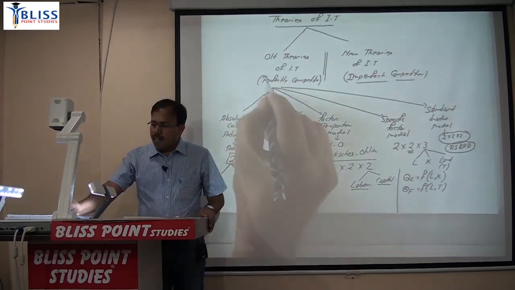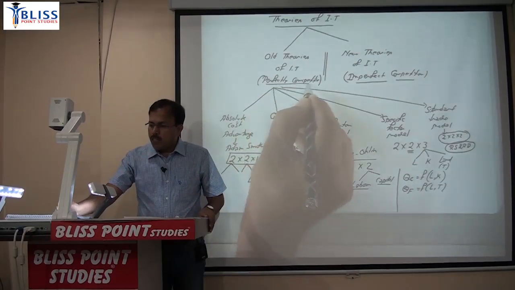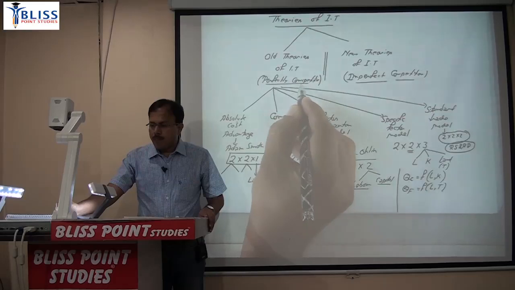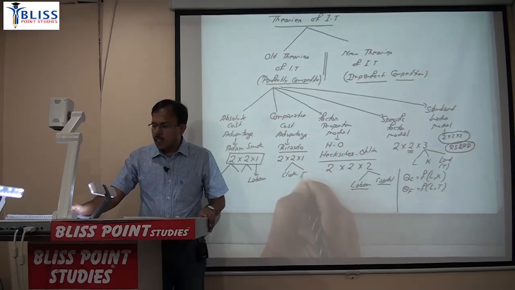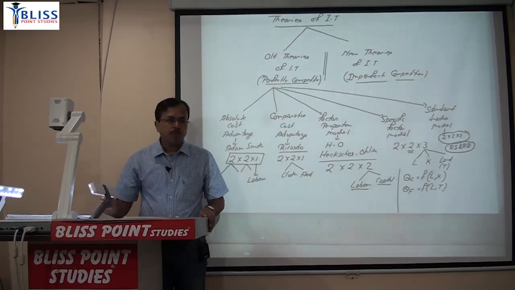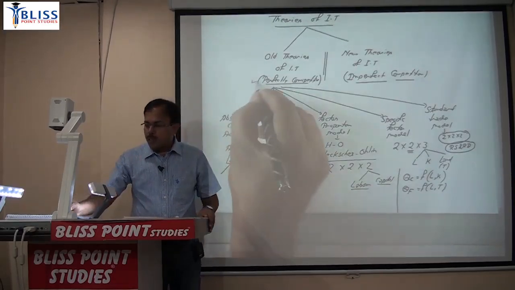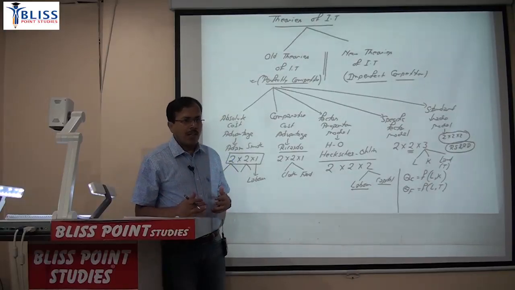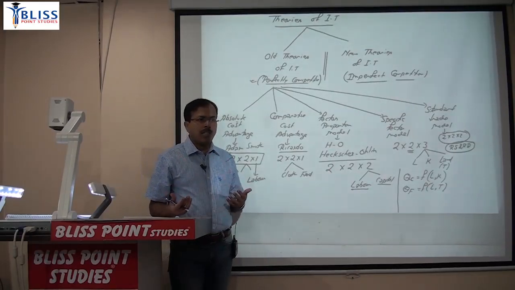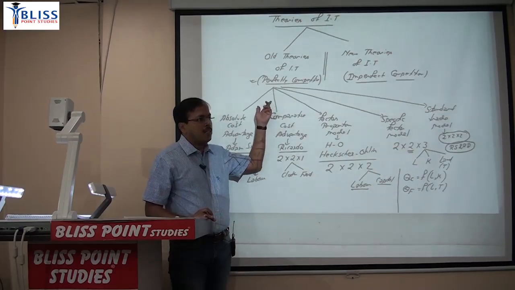Remember, when I said all these theories, all theories are based upon perfect competition, and I also said there are two products. One product is say cloth, other product is food. So what is the assumption of perfect competition? There are many firms, in both the countries and in both the industries, because the market is competitive.